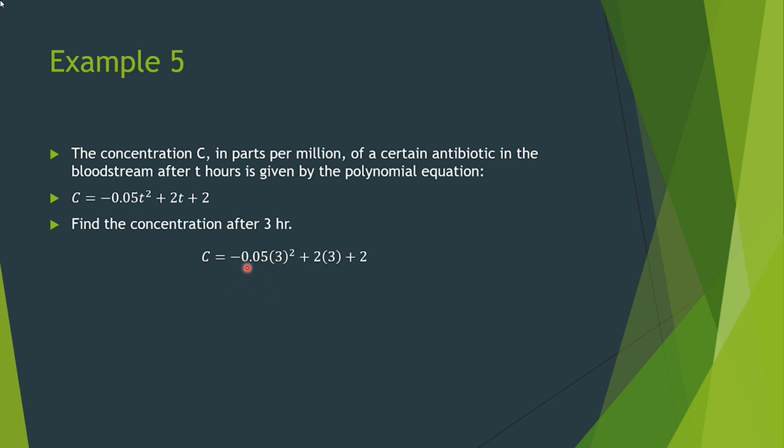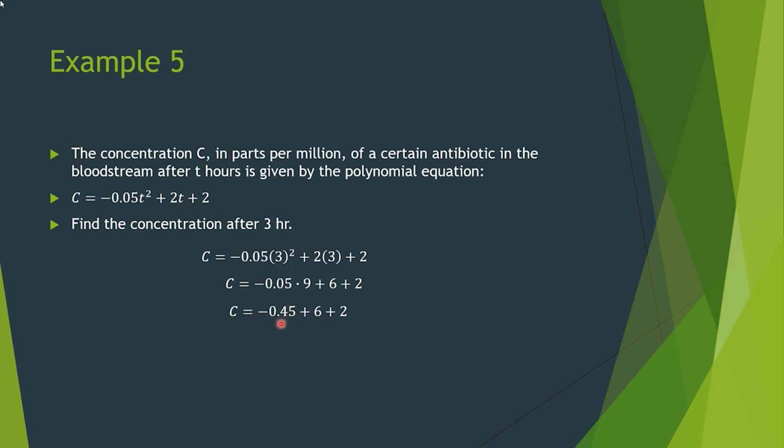When you have something that has decimals in it, I would break out your calculator and start calculating it in the in-between steps. Some calculators you can just put this all in at once. Again, the exponent and the multiplication here are separate, so I calculated them. Continue to simplify it. So I did negative 0.05 times 9.